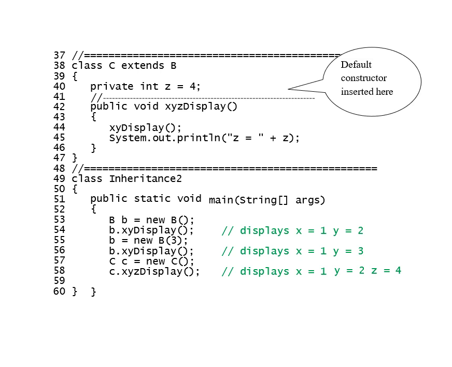But the other constructor, which is invoked on line 55, will have the effect of initializing Y with 3. So the next call on line 56 of XY display will display X equals 1, Y equals 3. And then finally we create a C object, and it will display all three: X equals 1, Y equals 2, Z equals 4. Yeah, Z equals 4, right.